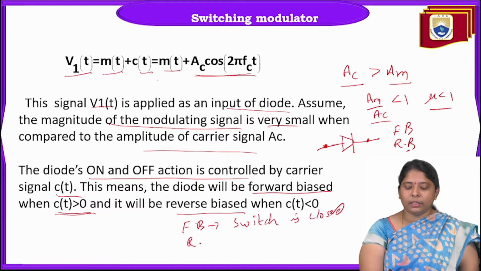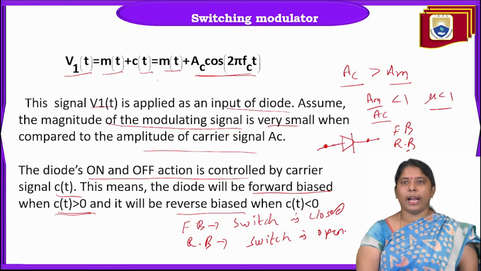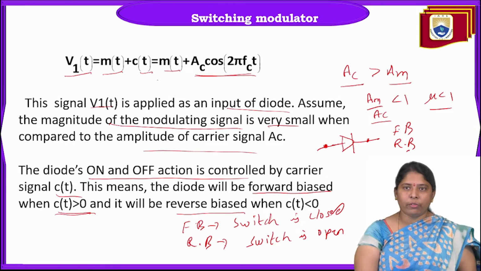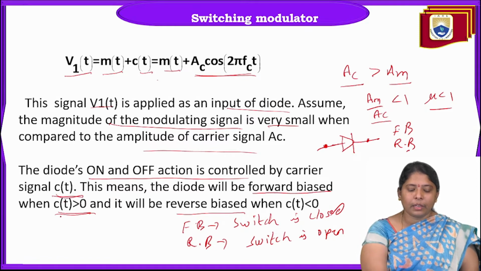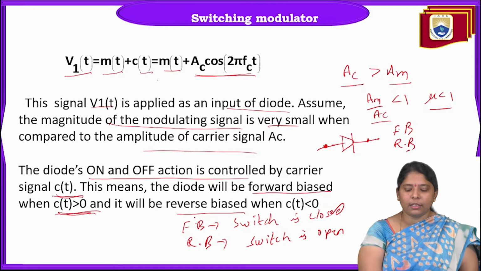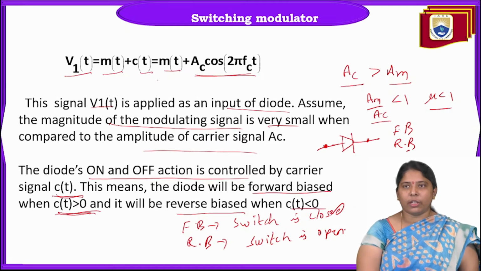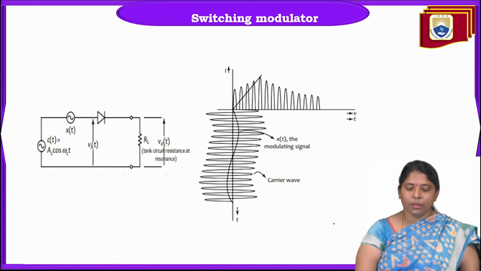When reverse bias, the switch is open. So this is the application of the diode in forward and reverse bias. The same application we use here, but the switch operation is controlled completely by the carrier. Carrier positive, forward bias; carrier negative, reverse bias. So this is the action taking place here.